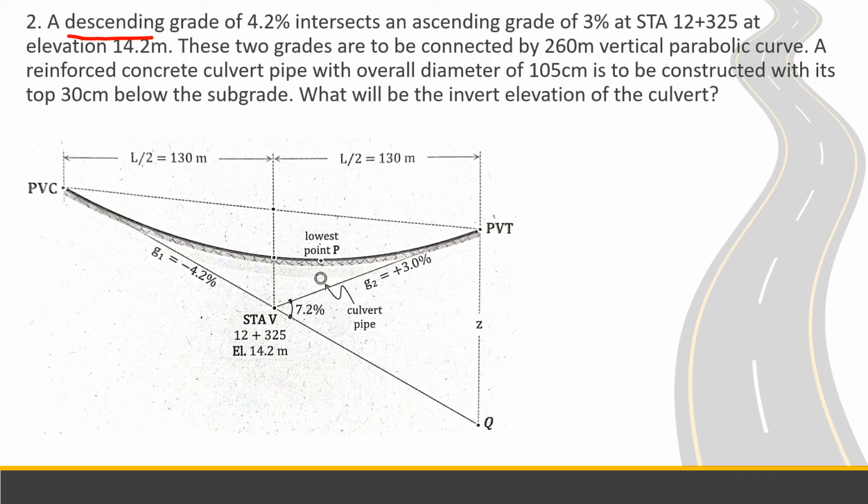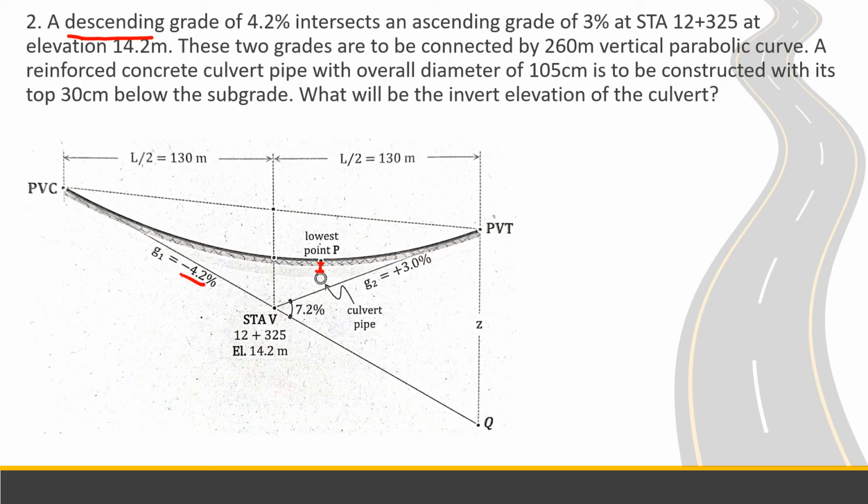So the culvert is located at the lowest point of the curve, situated such that the top of the culvert is located 30 cm below the subgrade. So there is a 30 cm distance before the culvert.